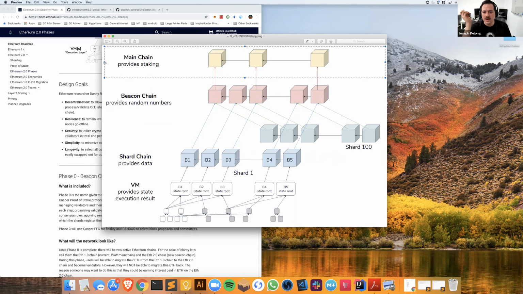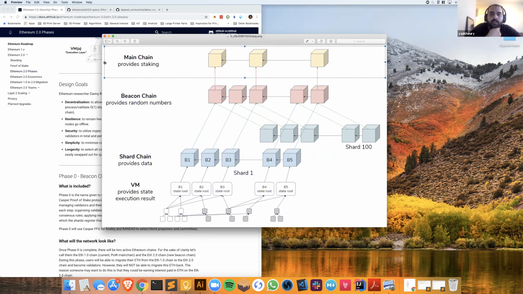Originally Casper FFG was designed to be an overlay on the proof of work chain. So you don't have to eliminate your proof of work chain to have Ethereum 2 functionality.